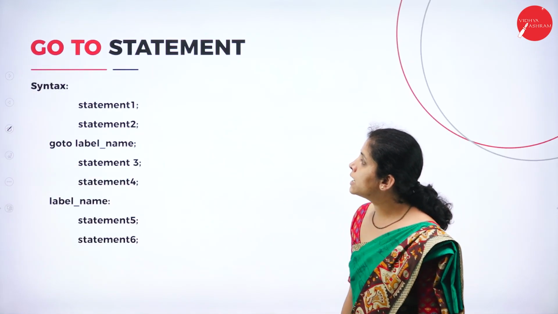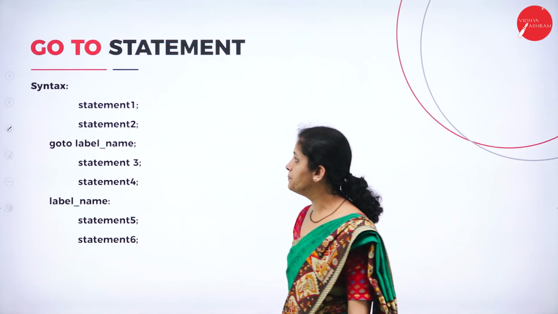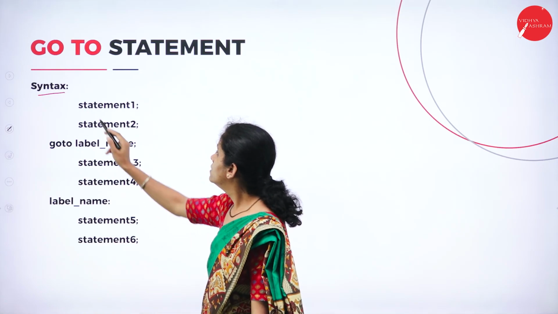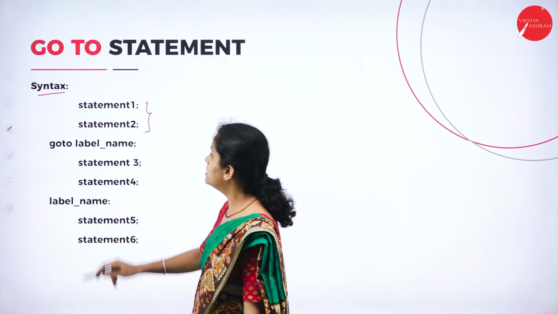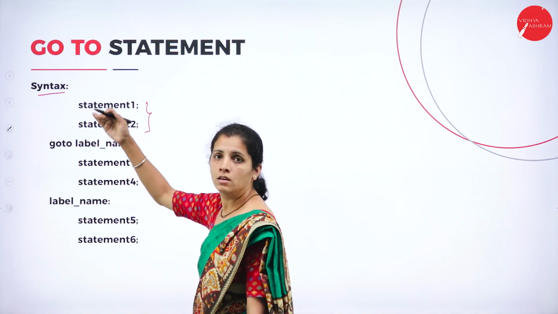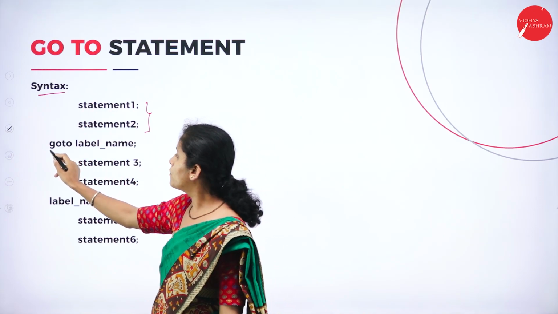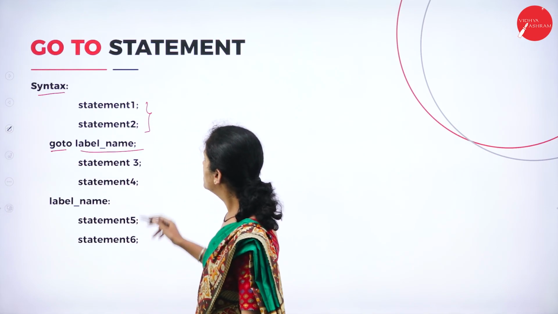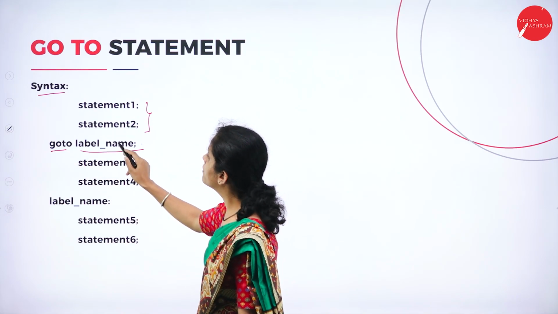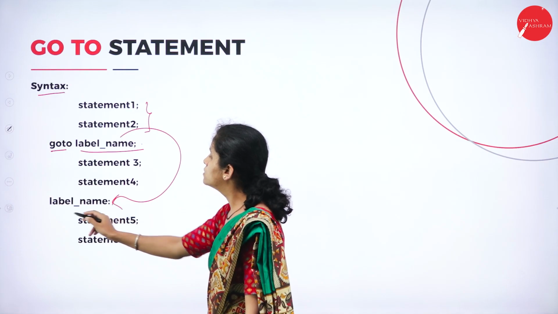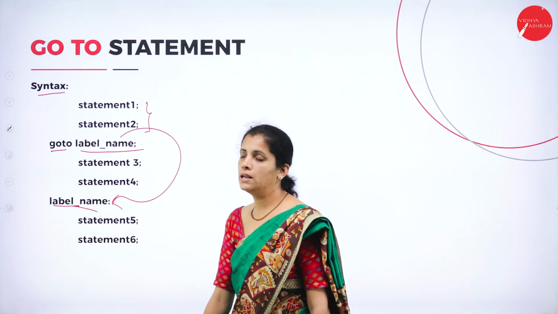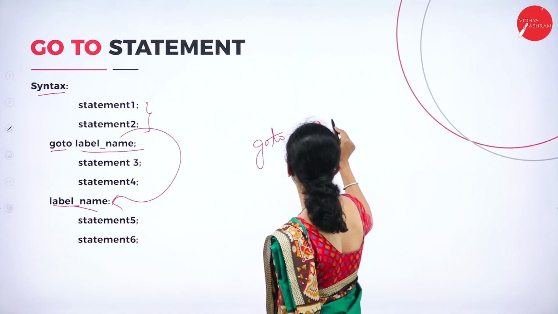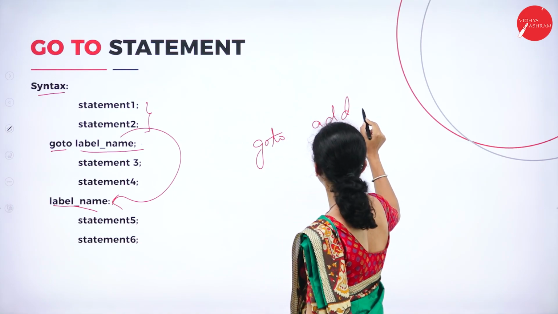Now let me consider the syntax here. So I'm going to have the goto statement. As the name itself indicates, I'm going to have goto and a label name, and here I'm going to specify where I want to jump. For example, goto add.